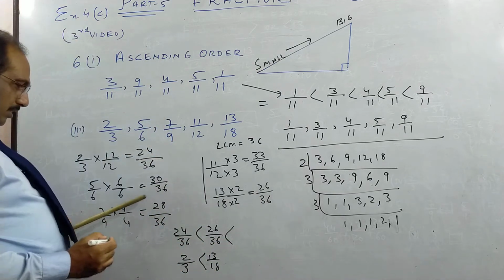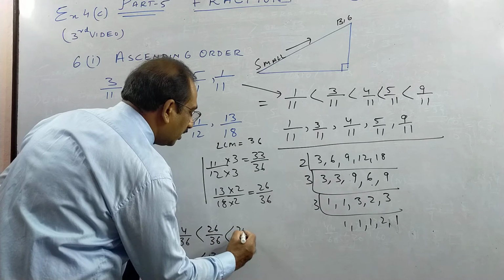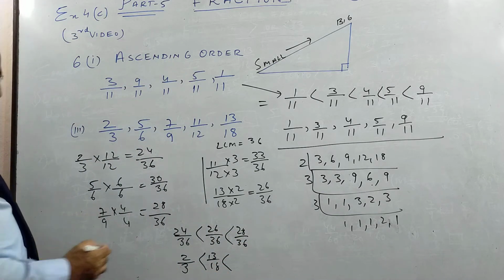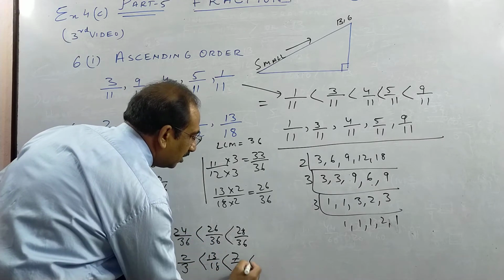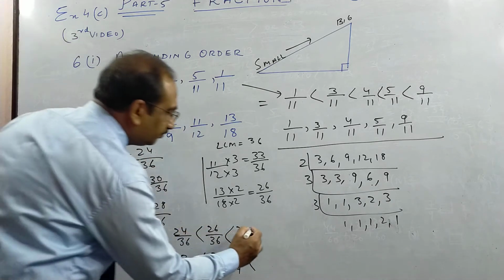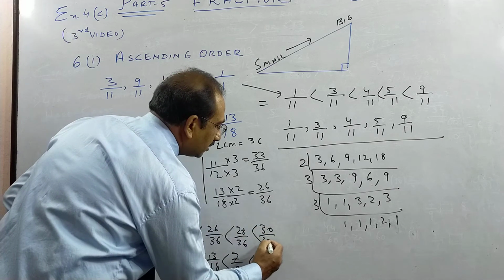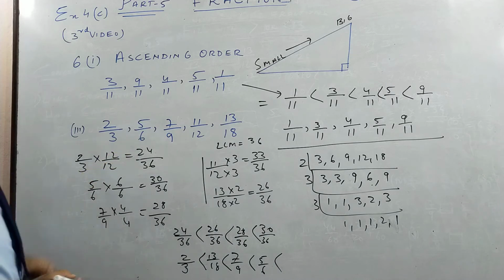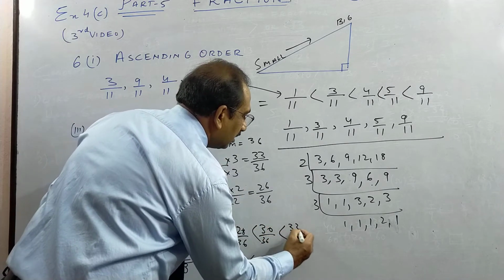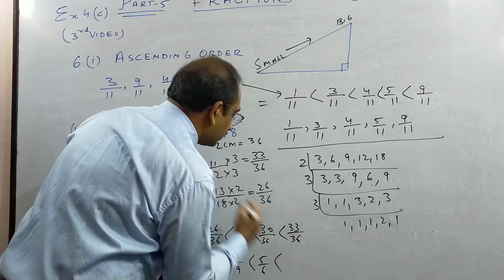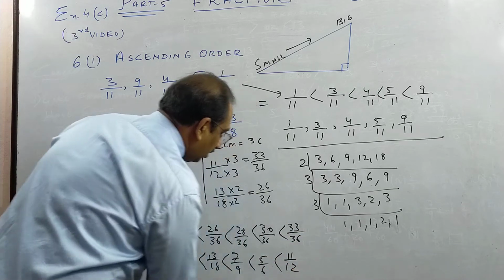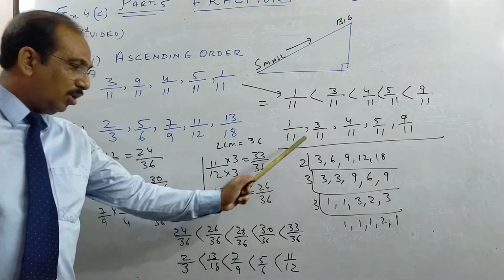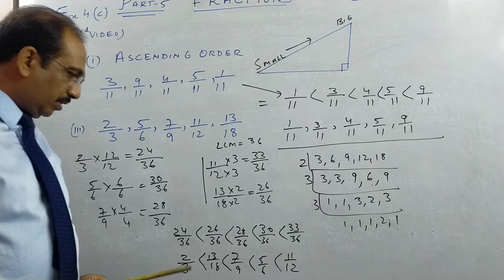Then after 26, I see 28 by 36, which stood for 7 by 9. Then after 28 is 30 by 36, which stood for 5 by 6. The last of all, 33 by 36, is the greatest of all. It stands for 11 by 12. You can write it like this, or with commas, with this at the end and this at the beginning.